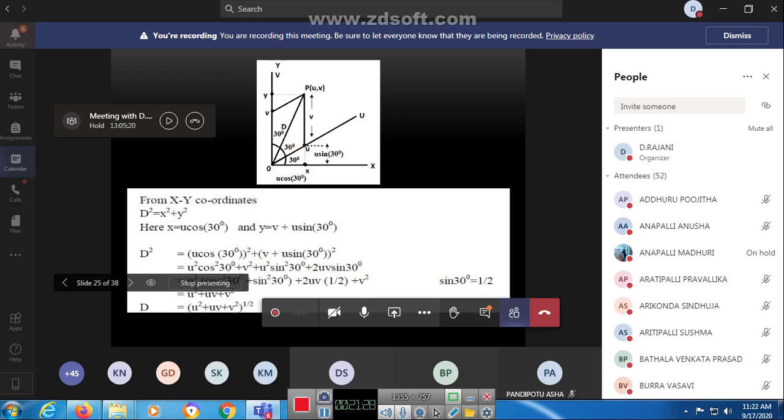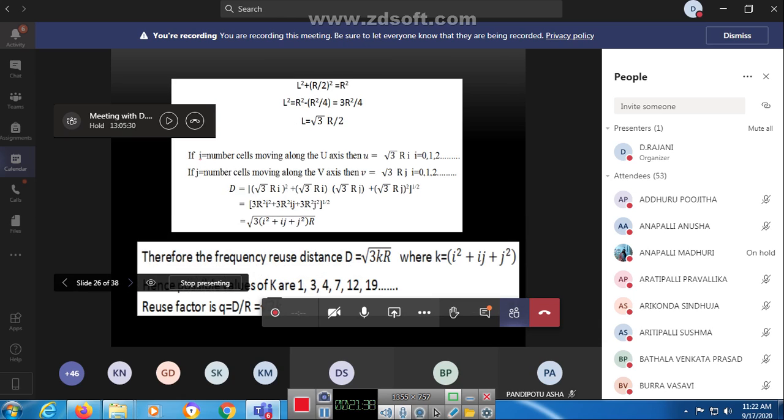Finally we get the distance d is equal to the square root of u square plus uv plus v square. This is what we are using mathematically. Likewise we are using the distance L is equal to the square root of 3 into r by 2.